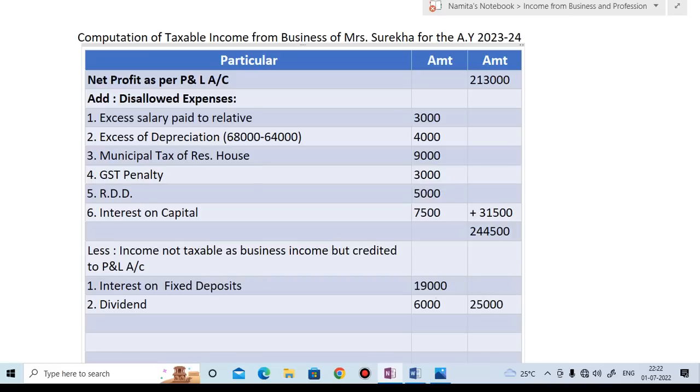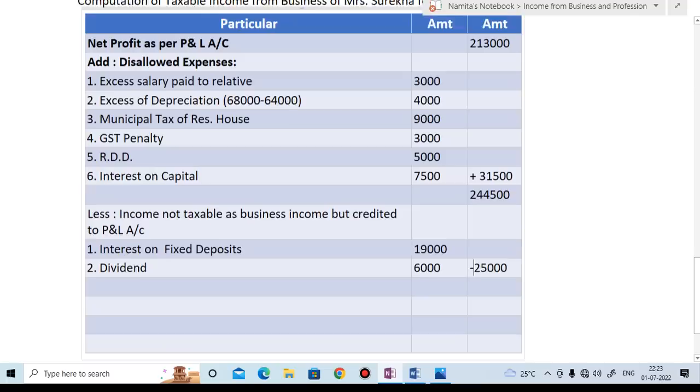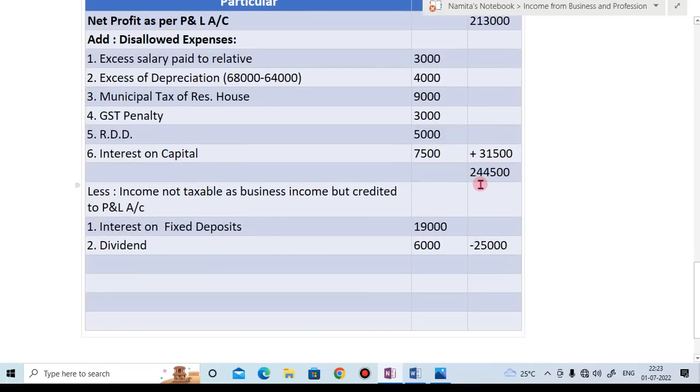Then this 25,000 we have to reduce. From 2,44,500 reduce 25,000, so you will get 2,19,500. This is our taxable income from business.